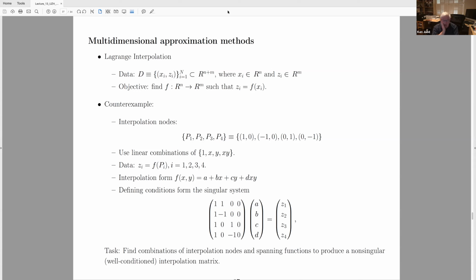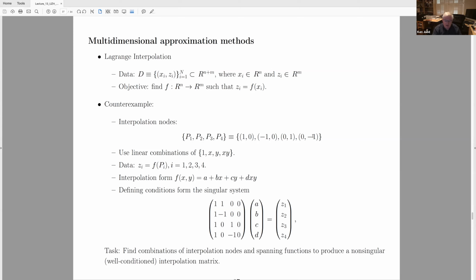So now, I'll say a few words about multidimensional approximation methods. It's basically the same setup. You have data, you have x points in R^n, and you have some z points in R^m, and you have a function on n-dimensional Euclidean space with output in m dimensions, and let's say you have this data and you want to find some function, a polynomial, let's say, that matches the data. Now, things don't go so well.